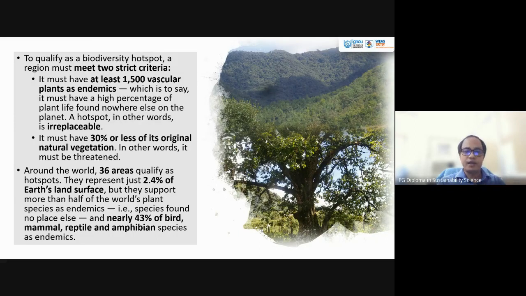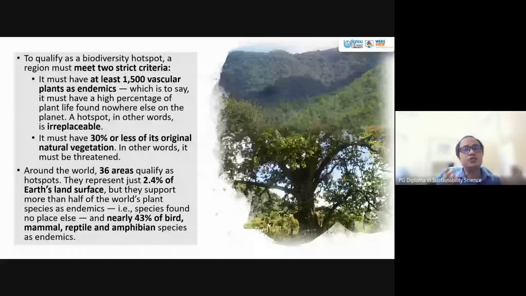So around the world, the latest one is as per 2016. We now have 36 areas that qualify as a hotspot, and they represent about 2.4% of Earth's land surface.